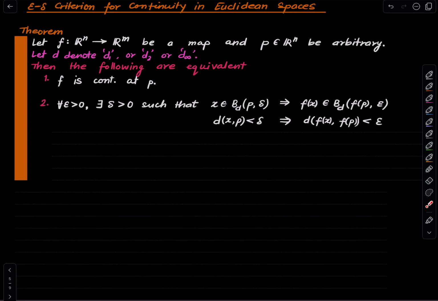And you should notice that when n and m are both equal to 1, so that f is a function from reals to reals, then this is precisely the Epsilon-Delta criterion for continuity as we learn in real analysis. Because there, all of these 3 distances are the same. They are just simply the absolute values of the difference of the 2 entries that you feed to the distance function. And then this just becomes the Epsilon-Delta criterion that we learn.